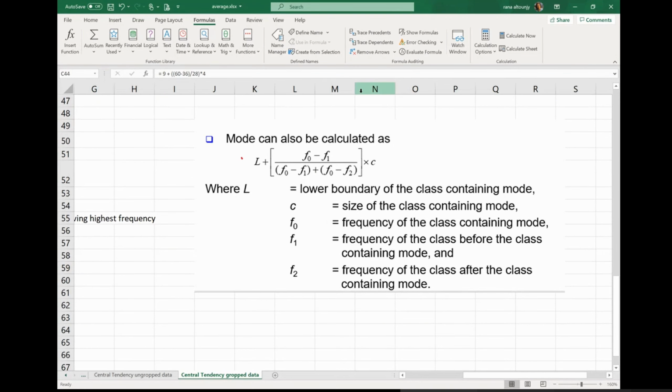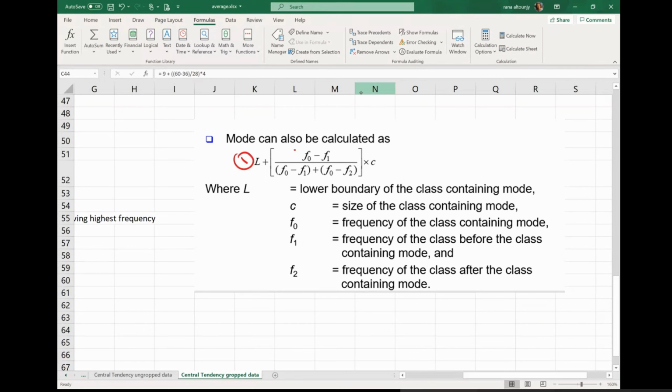L, which is the lower boundary of the class containing the mode. So again, we need to find the class containing the mode. For the median, we first found the class containing the median, then did the calculation. For the mode, we also need to find the class containing the mode, then do the calculation.